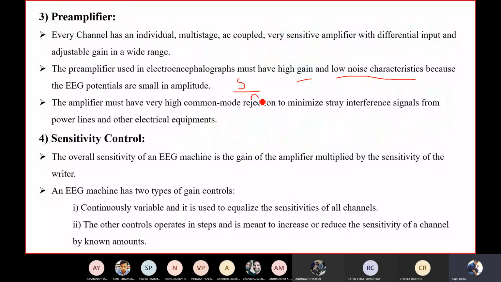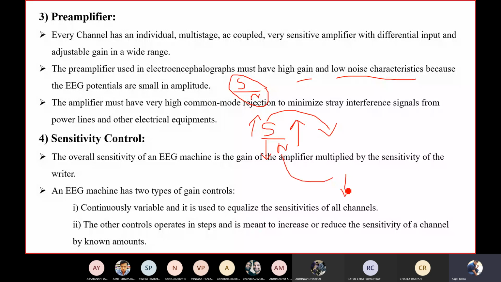The amplifier for my EEG application should have a high signal to noise ratio. What does this mean? If the signal to noise ratio is high, my numerator will be high and my denominator low, so my overall ratio will be high. That means I am going to get more signal and less noise.